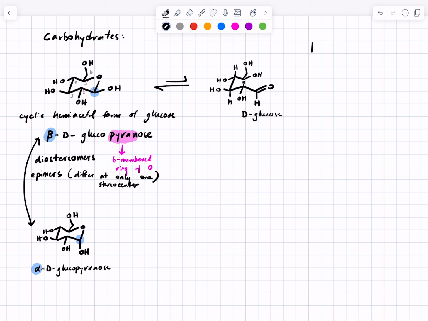So to talk about this, I need to introduce a new term that you might have heard before. The hemiacetal carbon is often called the anomeric carbon. I'm not sure where that name comes from. But when you hear anomeric carbon, you need to think the carbon that's the hemiacetal, or the carbon that's bonded to two oxygens.